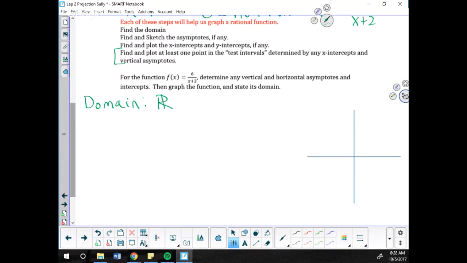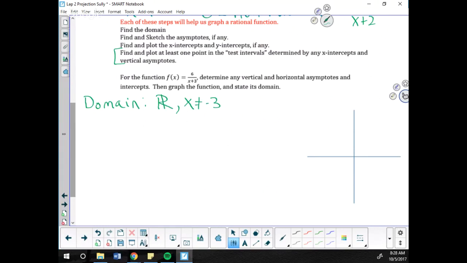Can it not be something else? It cannot be -3. Okay. Anything that has a polynomial usually is all real numbers, except if it's in the denominator. And at that point, you're going to have to take away anything that makes it equal to 0. And in that case, it is -3.